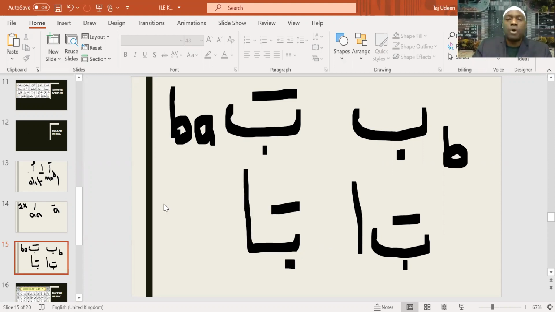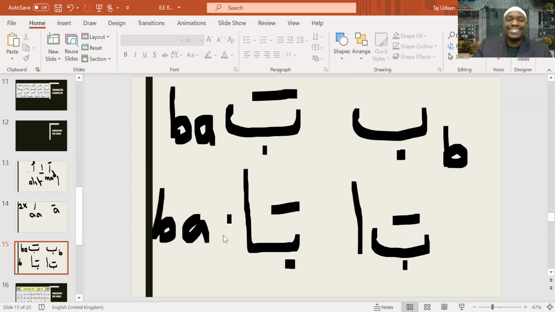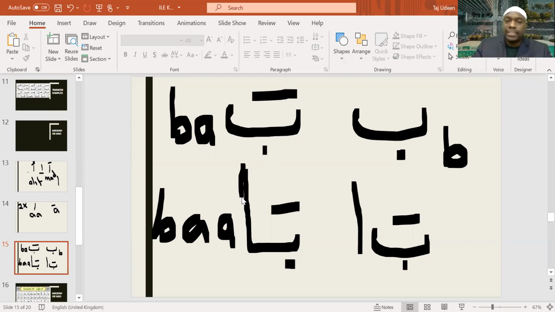Then this becomes baa. This one is ba because it's fatha on its own. But if I put mad, I said this one is alif mad. So it becomes ba, baa, fatha, alif mad, baa.